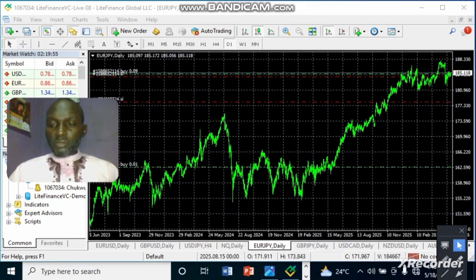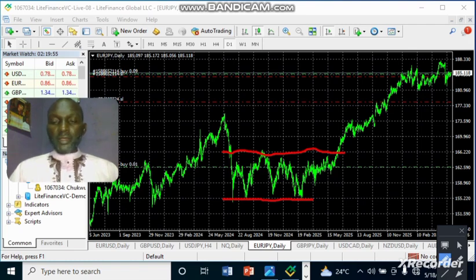Let's just mark this choppy area, this level and this level. Let us check if it will fit in with the other pair we are comparing it with. This is the support level and this is the resistance level for EURJPY.